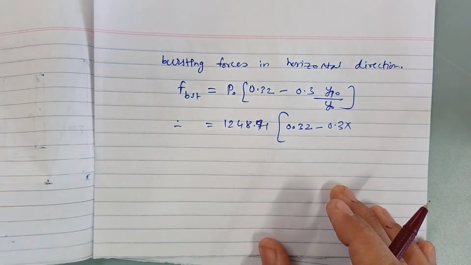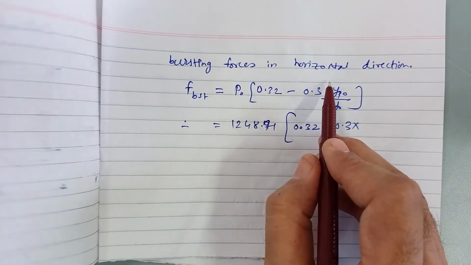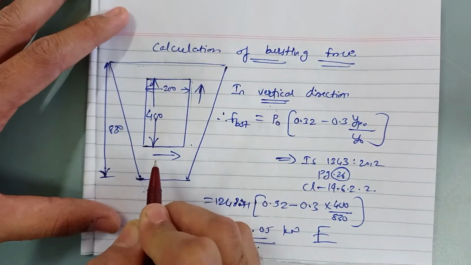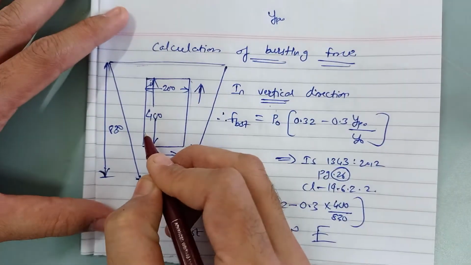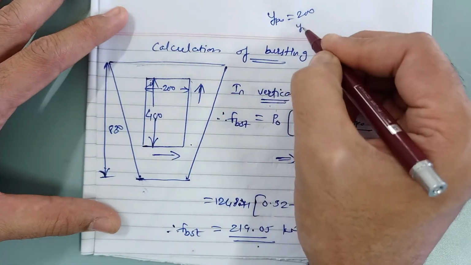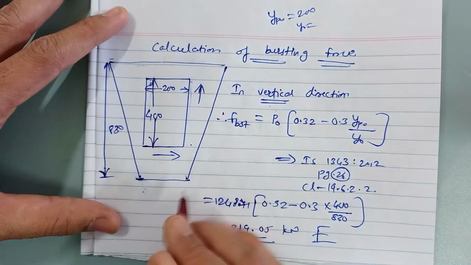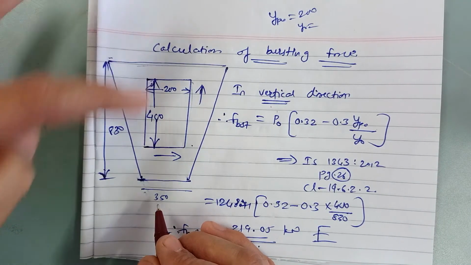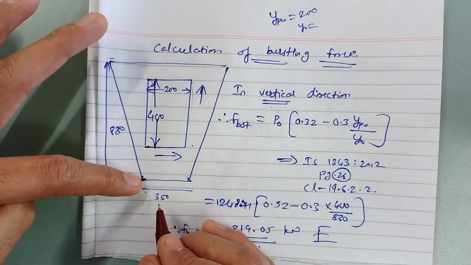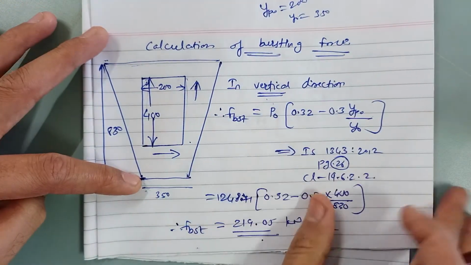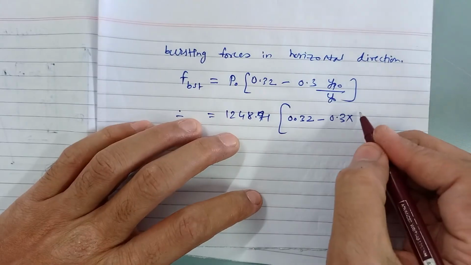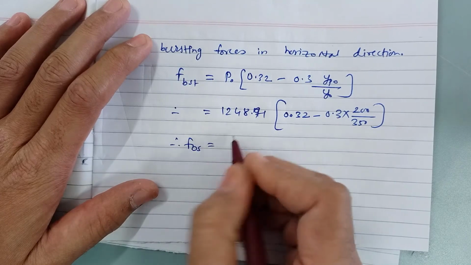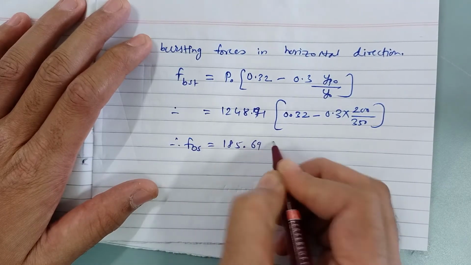Here, as we are calculating bursting forces in horizontal direction, consider width of the bearing plate, that is 200, as YPO. YO will be the corresponding width, that is 350, minimum of top or bottom flange, and minimum width is 350, hence YO will be 350. YPO is 200 divided by 350, hence in horizontal direction the bursting force will be 185.69 kilonewton.